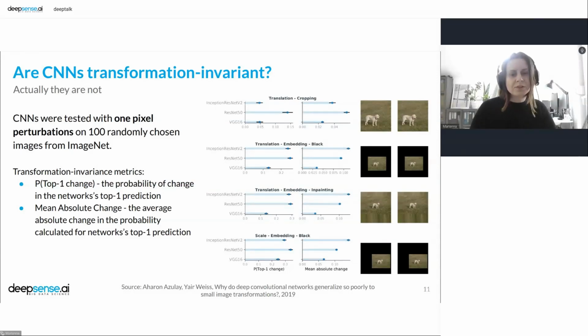So it was a 1 pixel shift or a 1 pixel scale, from 100 pixels to 101 pixels, etc. And the results show that networks give different outputs for these images, although different image processing scenarios resulted in bigger or smaller mean change. The probability of change in top one prediction was never zero.